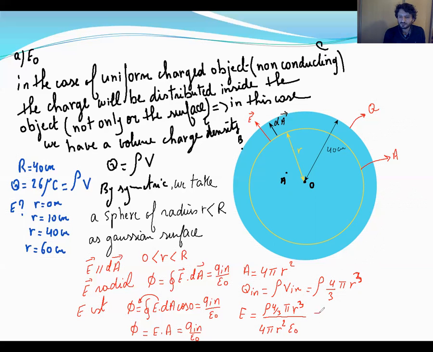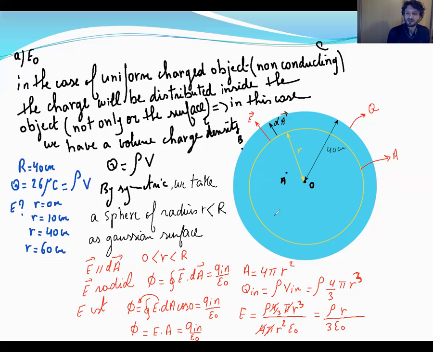We can cancel 4 and 4, and also pi with pi. We get rho r divided by 3 epsilon 0, okay?